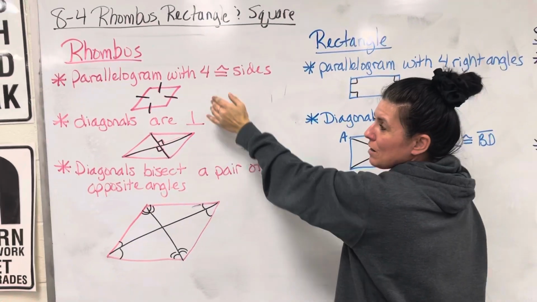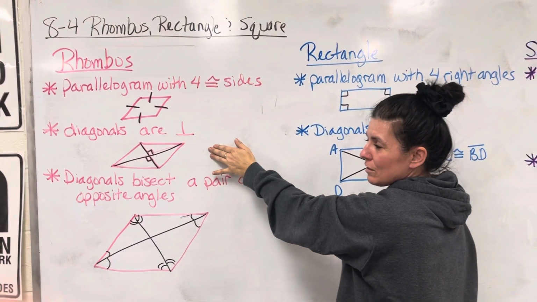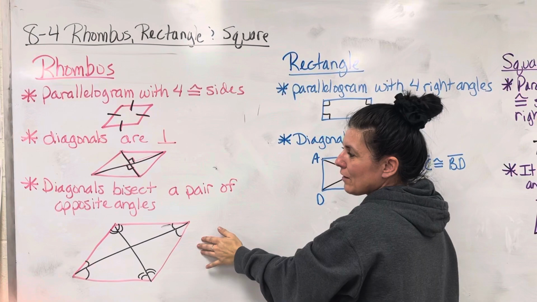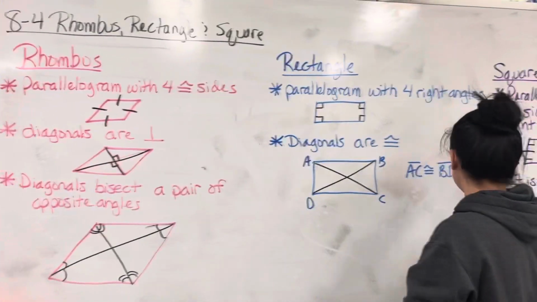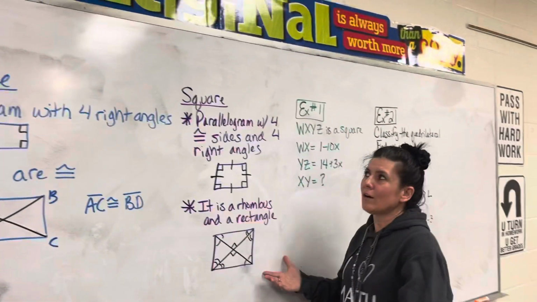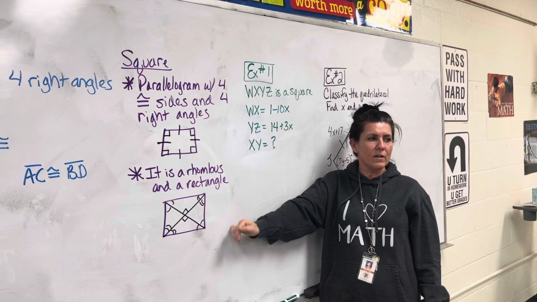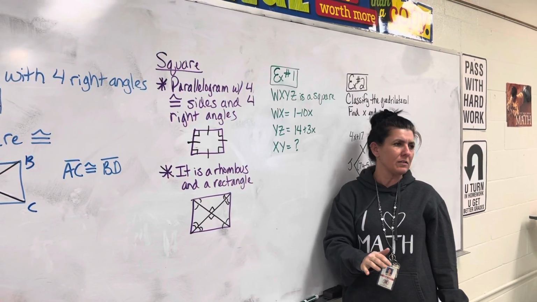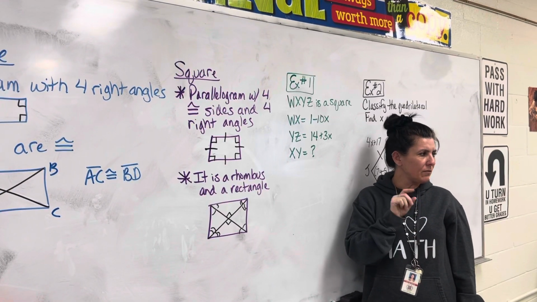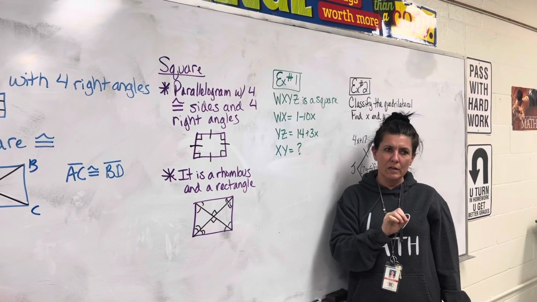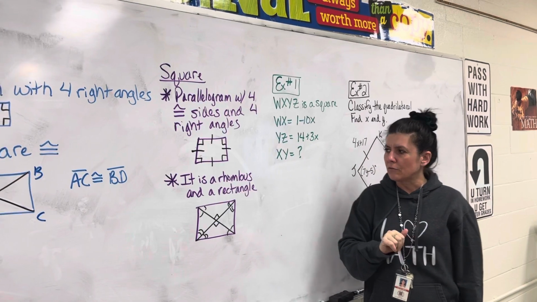But being that it's a rhombus, its diagonals are perpendicular and the diagonals bisect each pair of opposite angles. So there is lots going on with squares, but be careful that you don't think that a square is going to fit all the criteria of your project, because it won't. There's a lot of specifics in there where a square won't work. So just make sure you're reading those very carefully.